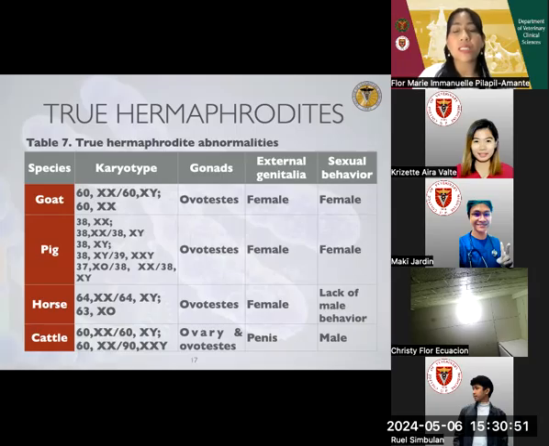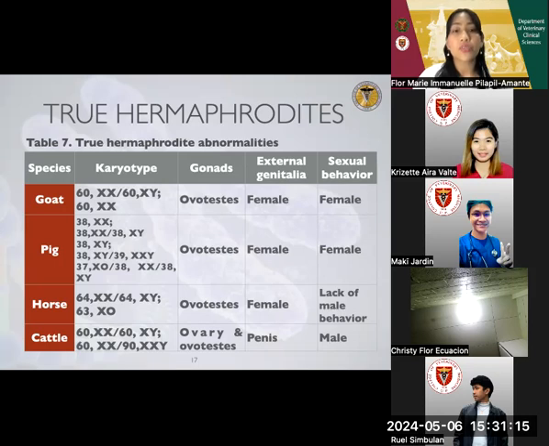It's just that it has several variations of its karyotype. So it's either 38XX or 38XY, or it can be as varied as 39XY or 37XO. So there are several variations of the true hermaphrodite in pigs.